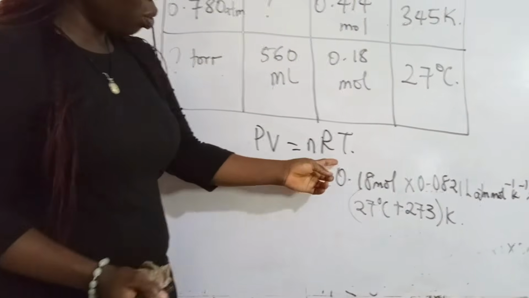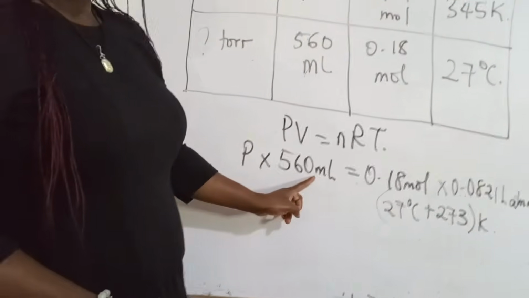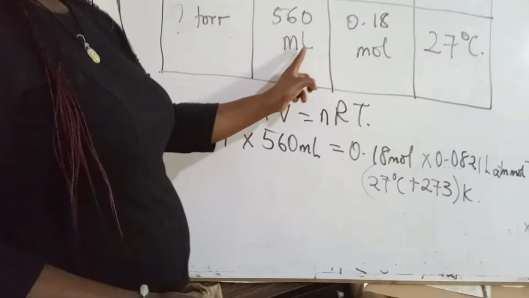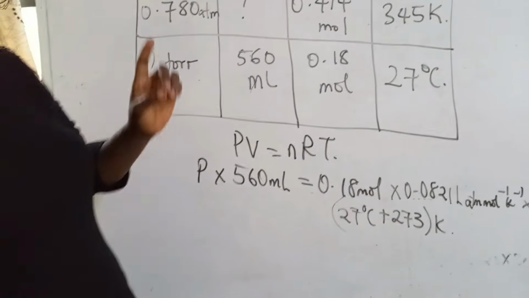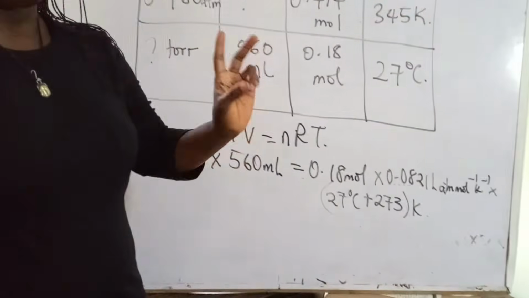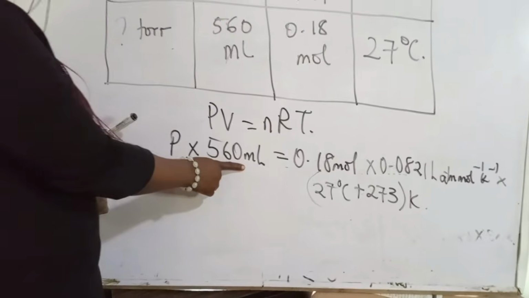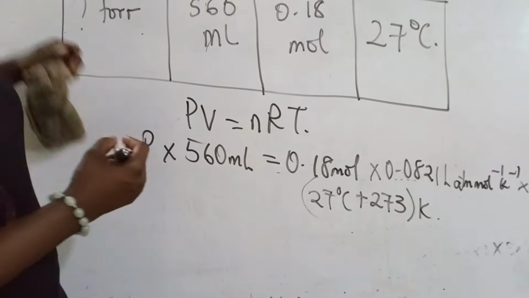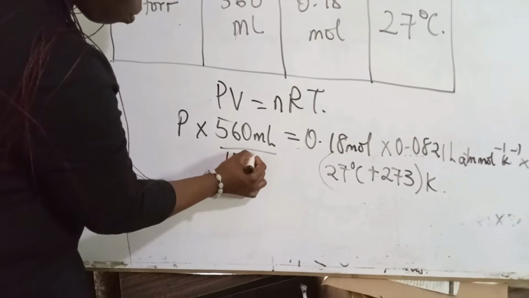So you look at it again. Your R value is in liter and this is in milliliter, meaning you have to convert your volume from milliliter to liter, because your R value depends on the unit of volume, pressure and temperature. So how do we now convert this to liter? We convert it to liter by dividing by 1000. So divide your volume by 1000.